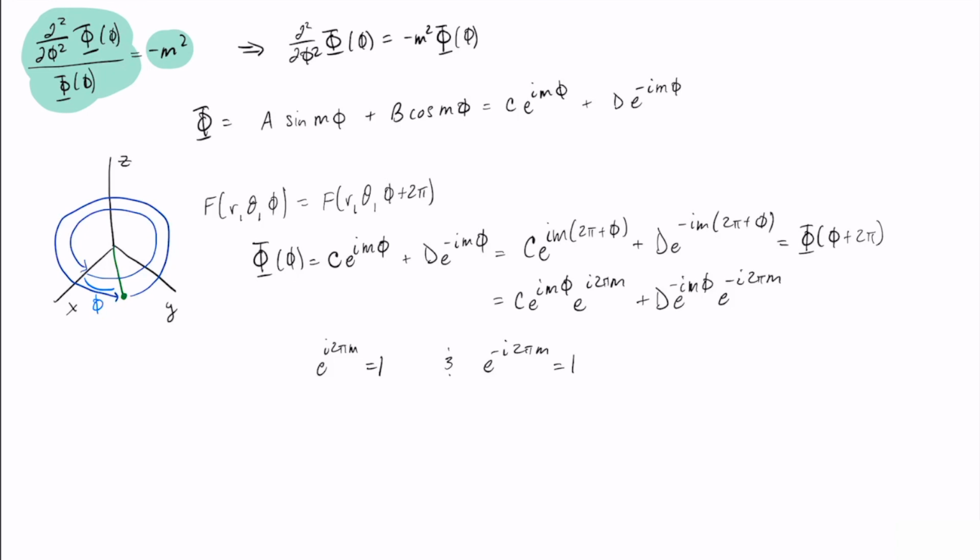And now if we remember the Euler relation for the complex exponential, then this tells us that both cosine of 2 pi m has to be 1, and sine of 2 pi m must be 0.